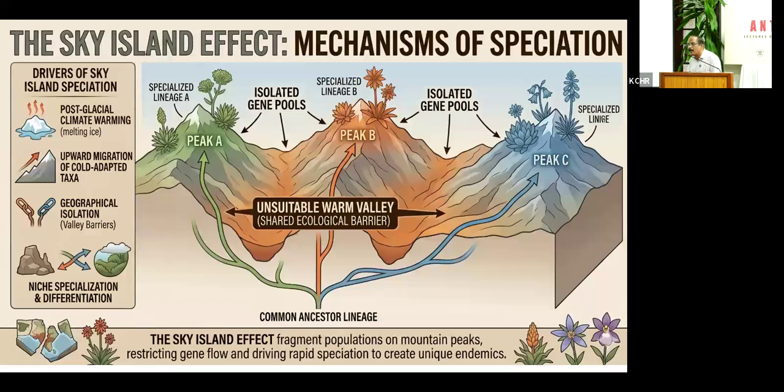Such species have reached this kind of habitat, and that has resulted in the formation of the sky island. Sky island is a new term, though I am not very comfortable with that definition of sky island. The only definition they give for why it is called sky island is that the species are not interacting with the lower region.